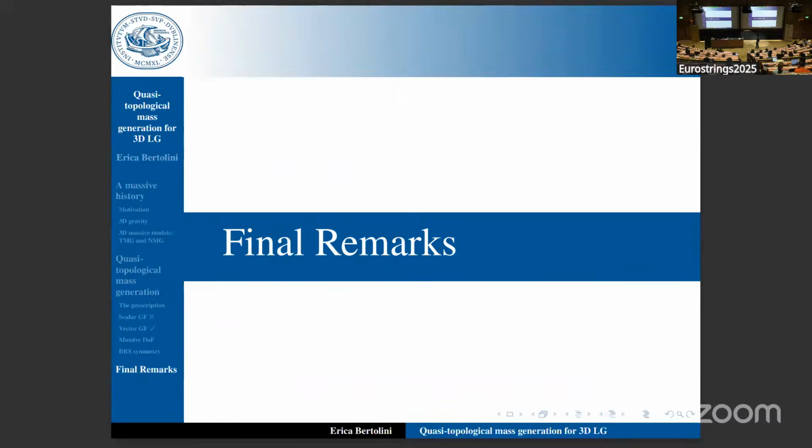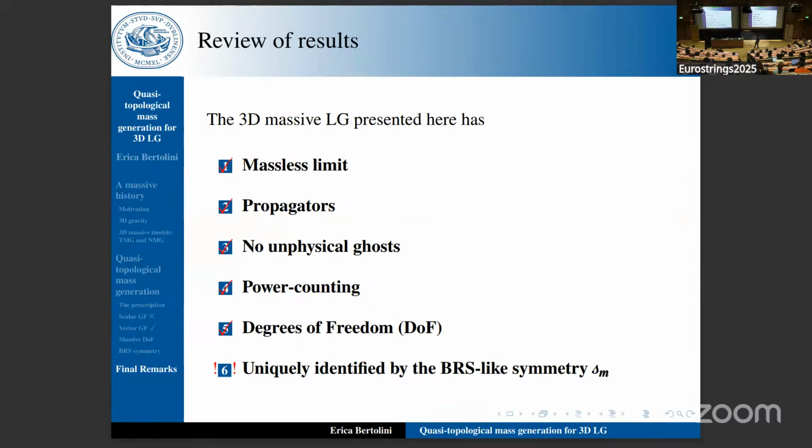So I can summarize here that we finally had a three-dimensional massive model that satisfied the requirements. It has a good massless limit. It gives us the linearized gravity term with proper sign. The propagator is well defined with the good gauge fixing term. There is no unphysical ghost appearing.